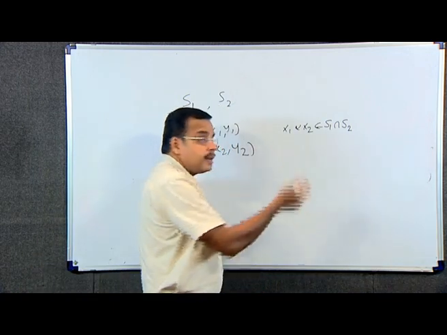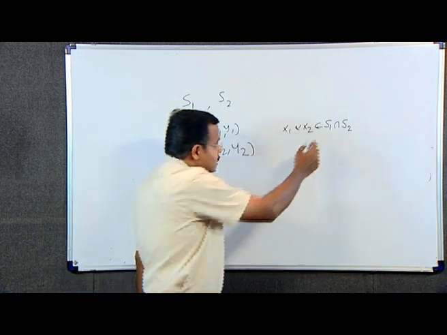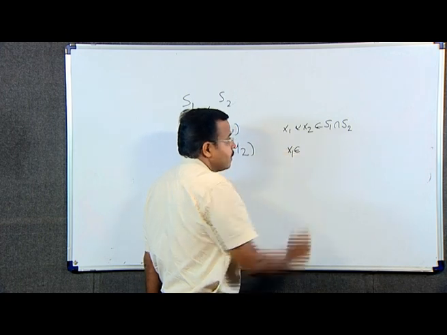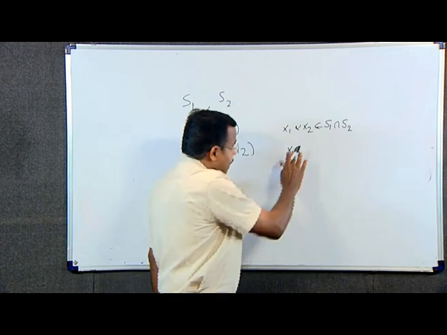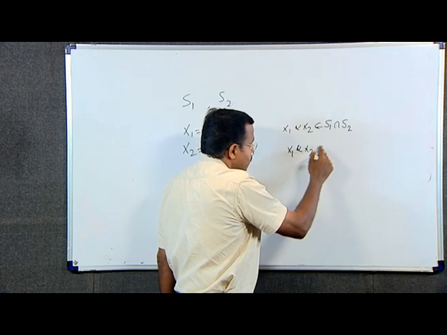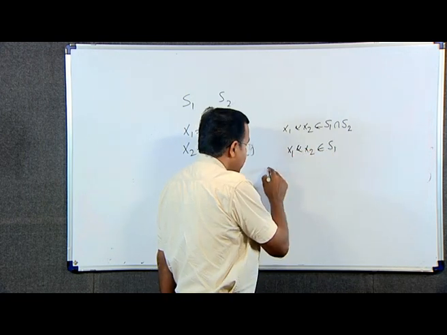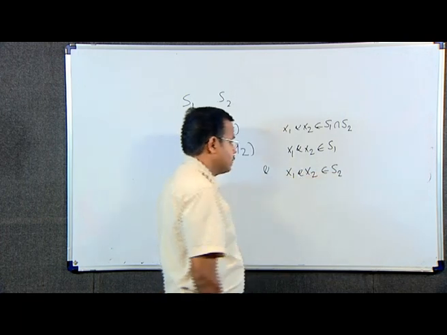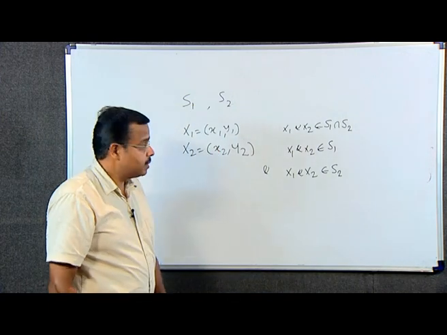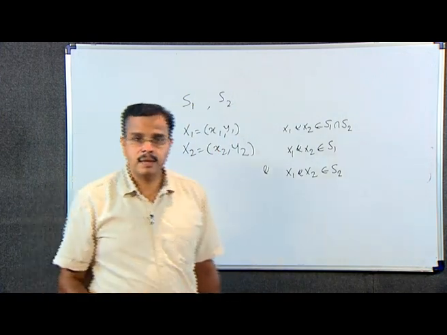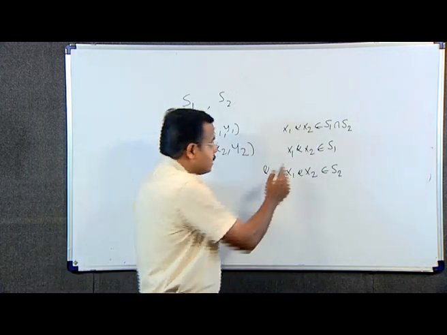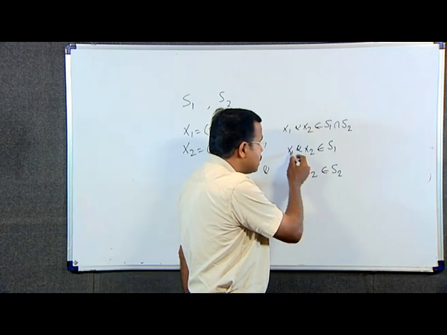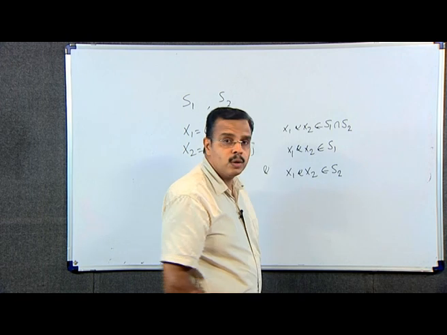If x1 and x2 belong to S1 intersection S2, we can conclude x1 and x2 belong to S1 and x1 and x2 belong to S2, then only x1 and x2 can be in S1 intersection S2. If x1 and x2 belong to S1, S1 is a convex set, then the convex linear combination of these x1 and x2 also belongs to S1.